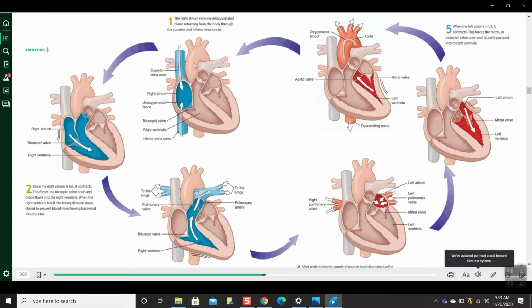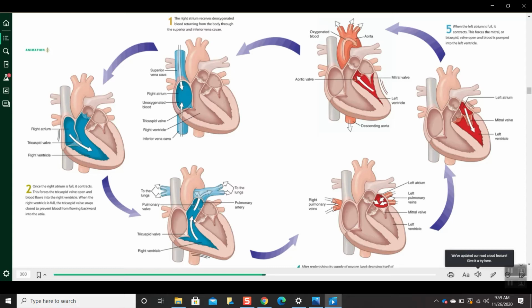Okay, so again, very quickly, remember, blood to the atrium either comes from the body or from the lungs. In this case, it's coming from the body, right atrium. From the right atrium, it goes to the right ventricle through the tricuspid valve.